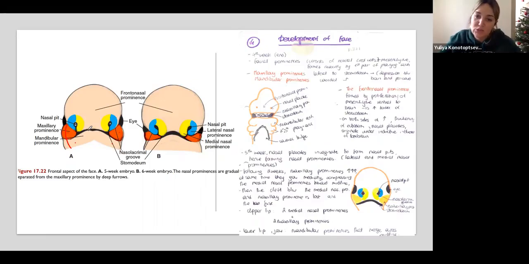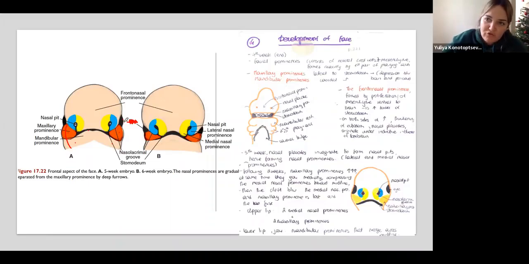But now you can see two new things on the surface of the frontonasal prominence. In black, this is the optic placode. It's not an eye, it's an optic placode. This optic placode is the thickening of the ectoderm on the surface of the frontonasal prominence, and it will give rise to the eye itself, the retina and all of those things.